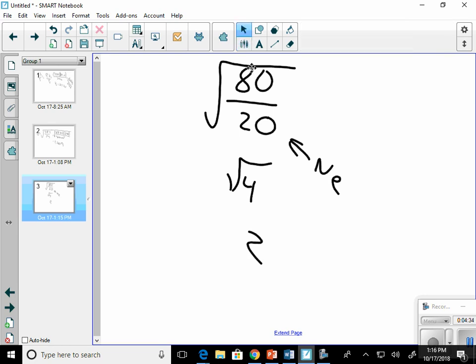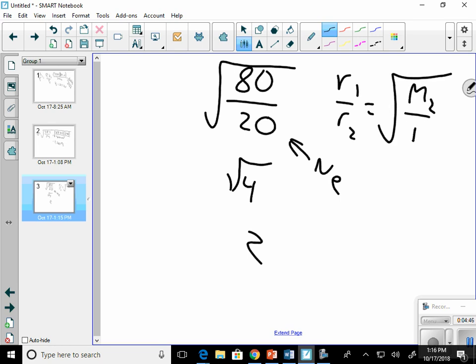That's something I have seen before. Not necessarily using the equation, but you're kind of using the equation. Because again, that equation, R1 over R2 equals the square root of M2 over M1, is comparing two different molar masses, and how do their rates compare? What students should know is that the rates of the two are comparable, but you've got to take the square root when you divide the two. I know I've seen that in a multiple choice before, partly because the numbers work out nice and neat.